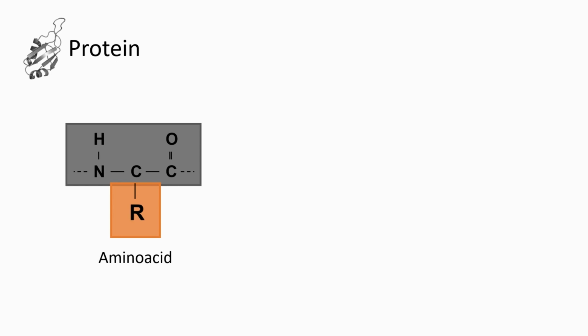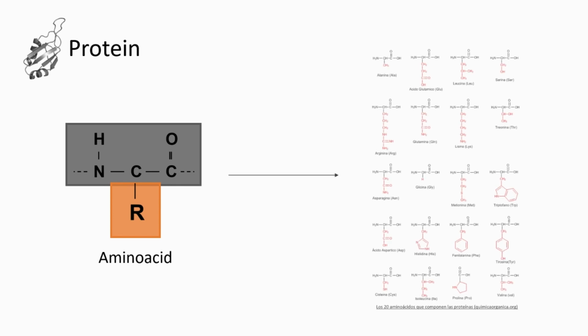In our body, we usually find 20 different flavors of these amino acids, each differing from the others, as you can see, by the different side chains that they have. And so they all have different properties with respect to each other, giving also different properties to the proteins that they are part of.